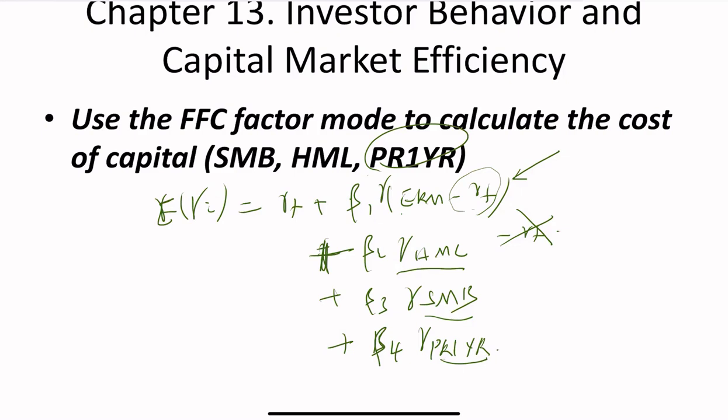If the problem tells you this is a monthly return and this is an annual return, then you have to adjust this. Let's say you have to adjust the annual risk-free rate into a monthly risk-free rate. Then you can use the formula to calculate the monthly expected return.